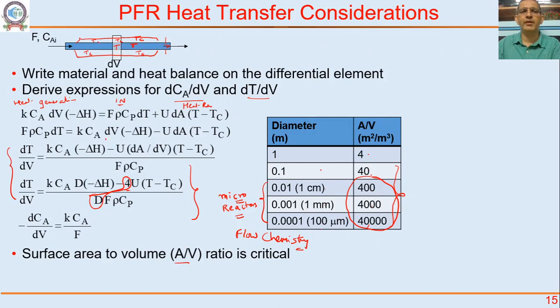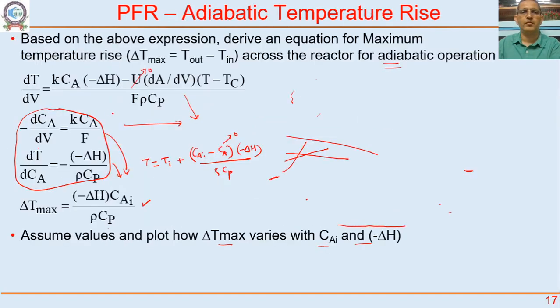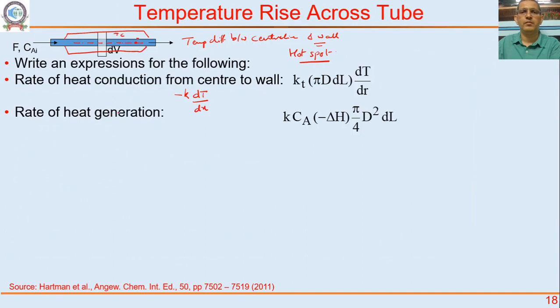Here K_T is thermal conductivity, now it's not the rate constant, that's why I'm writing K_T, thermal conductivity, times area, dT by dr in the radial direction. And heat generation is k C_A times minus delta H times volume, pi by 4 d square dl.